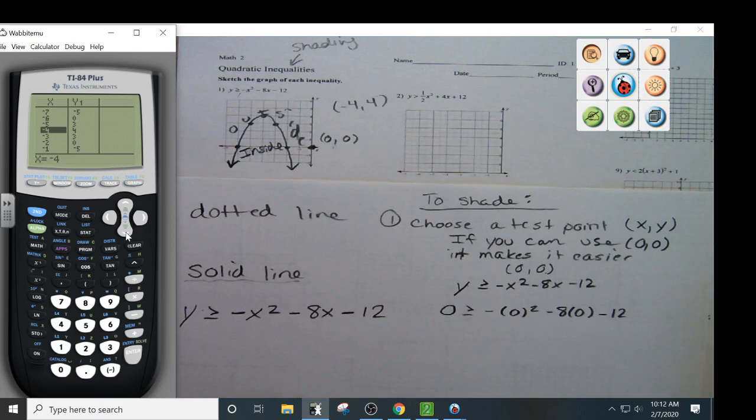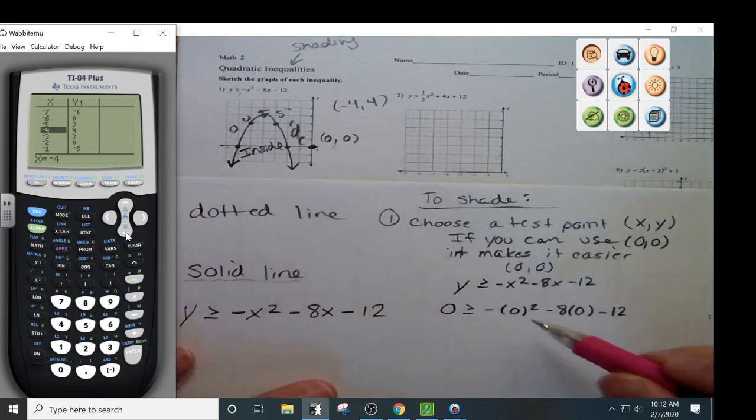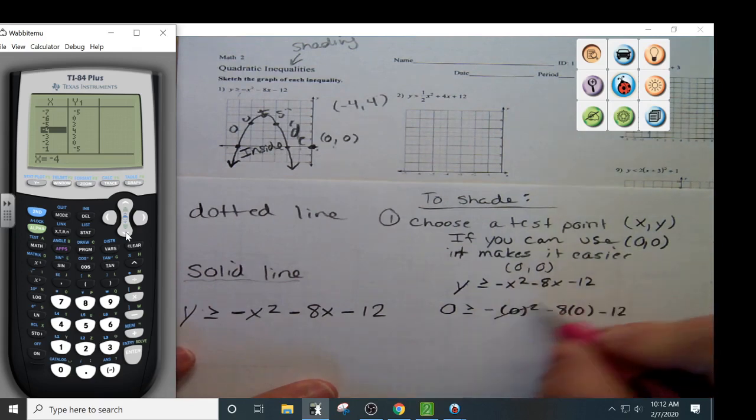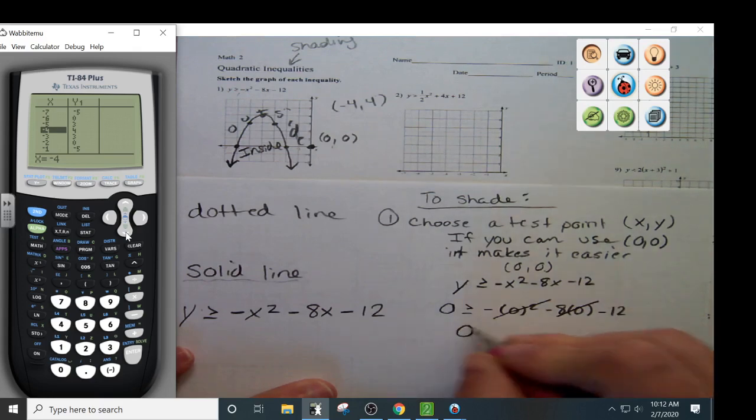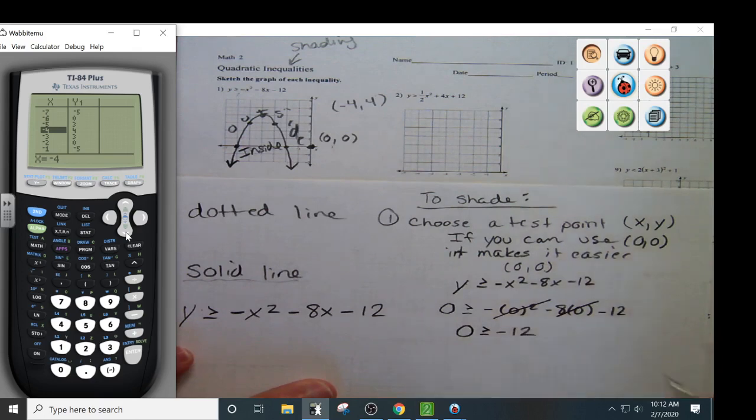Now, the reason why we like using 0, 0 is because what's going to happen to these two terms here? They're going to cancel, right? So what I'm left with is 0 greater than or equal to negative 12. Now, guys, think about this. Is 0 bigger than negative 12?